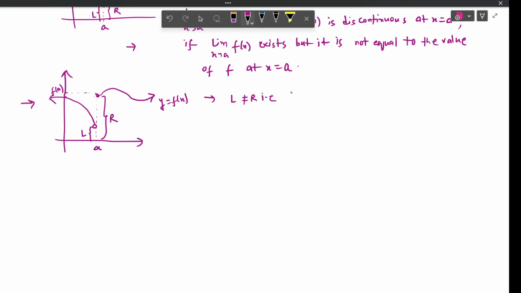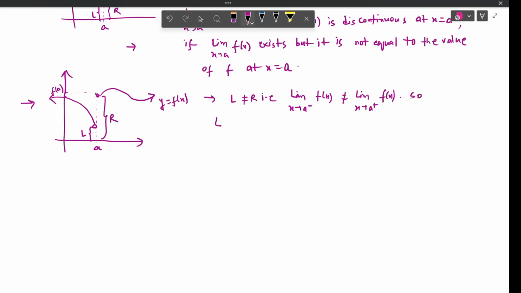That is limit x tends to a minus f(x) is not equal to limit x tends to a plus f(x), right?